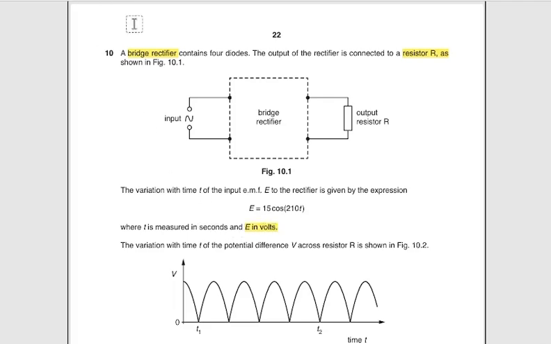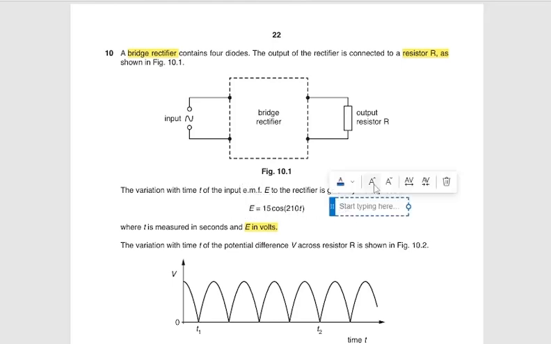Now this equation, if you see, is similar to one standard equation, that is x equals x naught sine omega t. It can be sine, it can be cos, depending on the situation given to us.